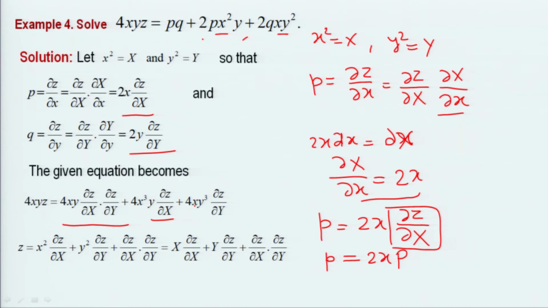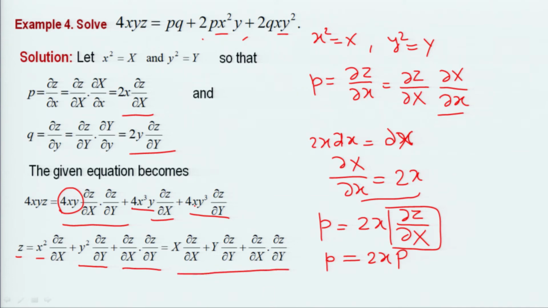Dividing by 4xy we get z is equal to, 4xyz cancels out, del z upon del x dot del z upon del y, and 4xy gives x square del z upon del x and y square del z upon del y. So, we have the equation like this.